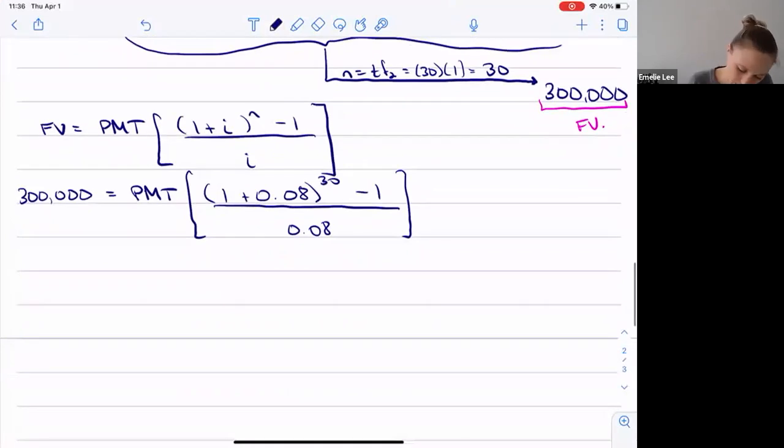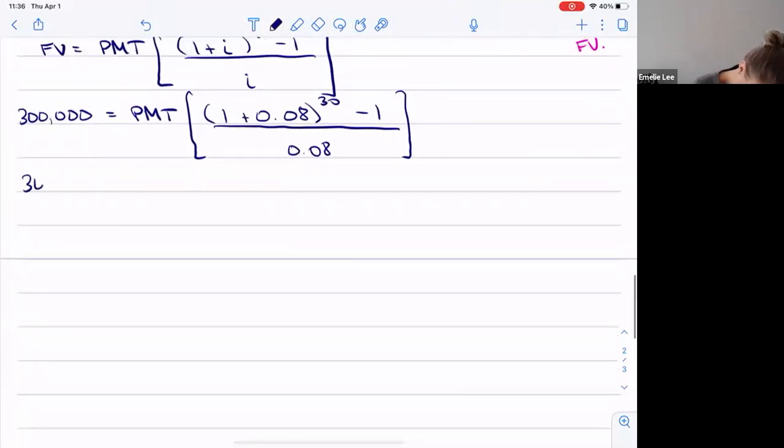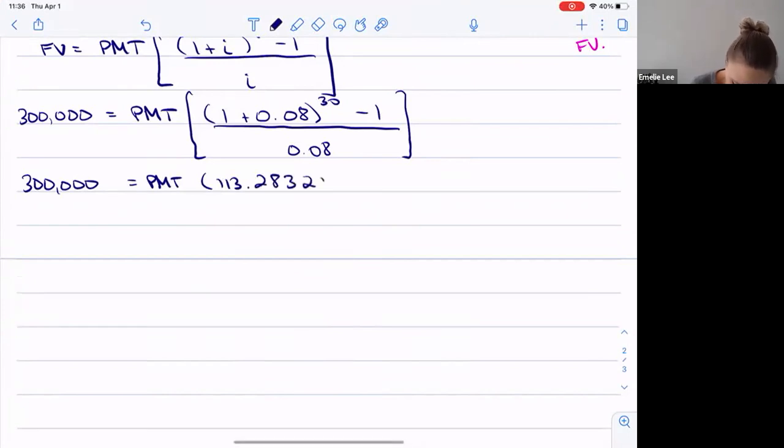I'm just going to do it on the side here: 1.08 to the power of 30, minus 1, divided by 0.08. So 300,000 is the PMT times 113.2832111. Make sure that you store that.